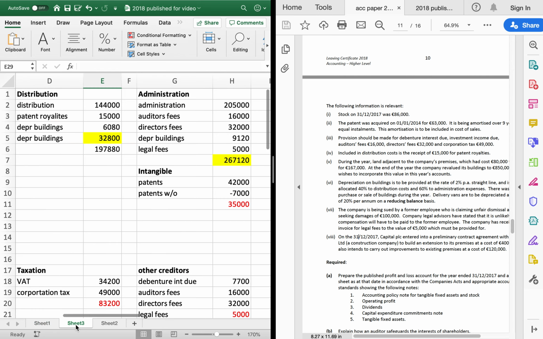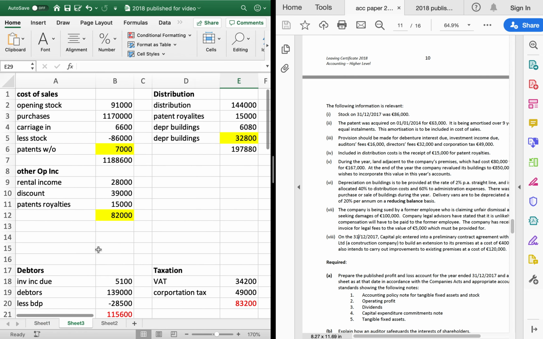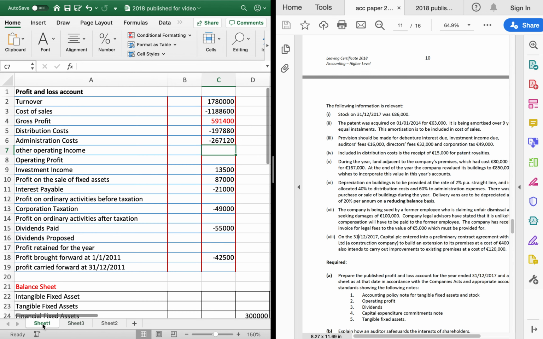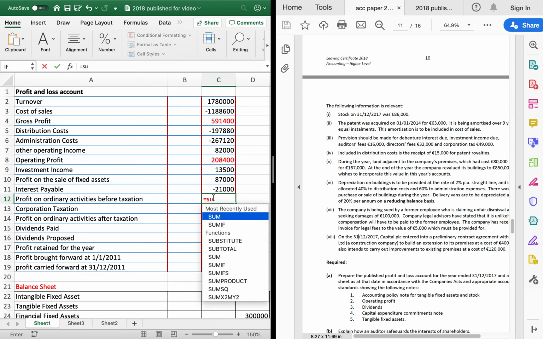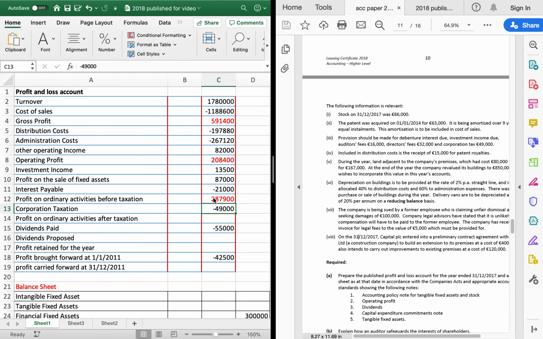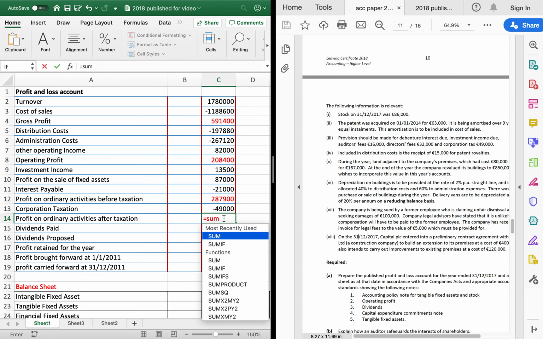And your other operating income is 82,000 plus. So just do that sum to get your total. So gross profit minus expenses plus other operating income. Add on your investment income, add on your profit on sale of land, and take away your interest payable. Get 287,900.